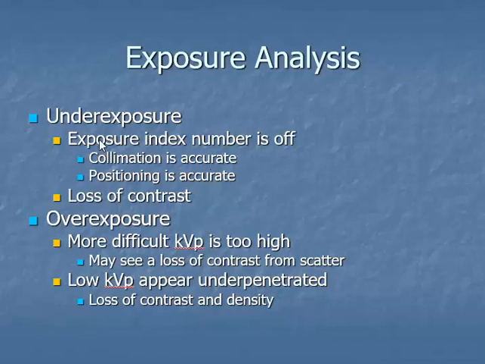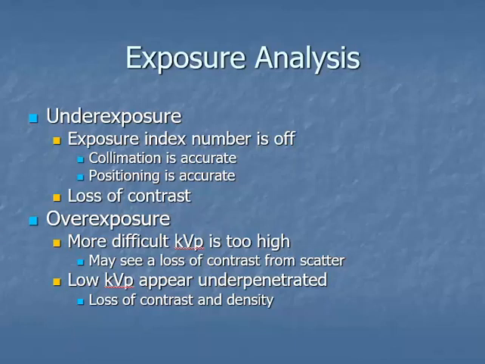But if everything else is right and your exposure index number indicates underexposure, then what you may have is a loss of contrast. In a digital world that's confusing, because we've been talking about overexposure to the point of reaching the shoulder portion of the H&D curve, giving us a loss of contrast, and then mAs controlling density and kVp controlling our contrast. In a digital world, underexposure reflective of mAs can cause a loss of contrast as well. So that's kind of confusing.